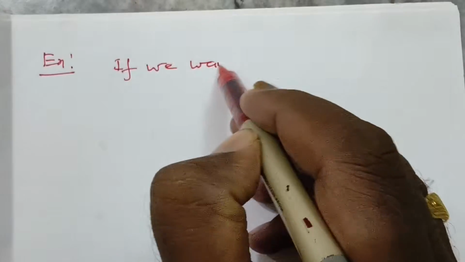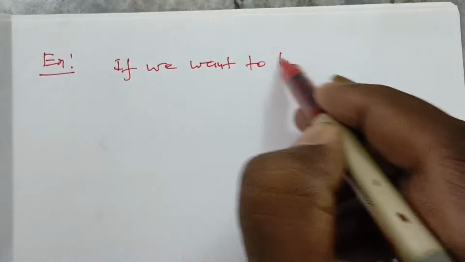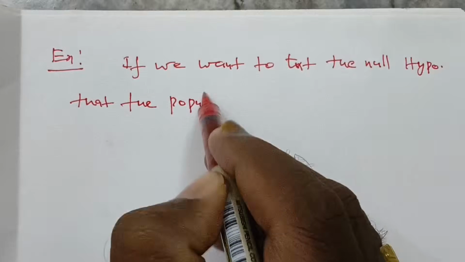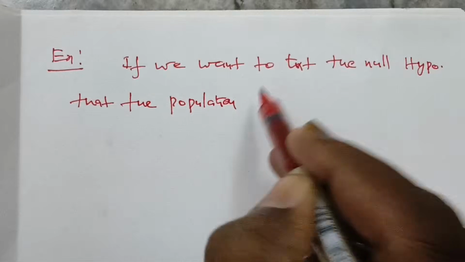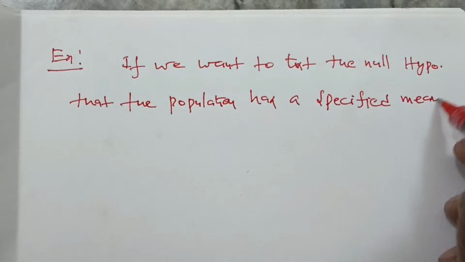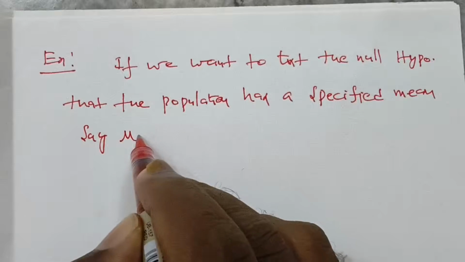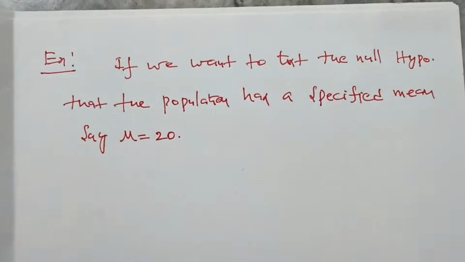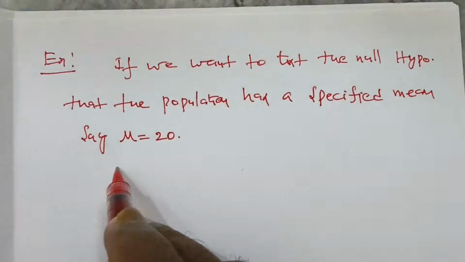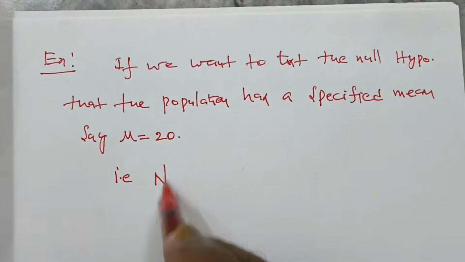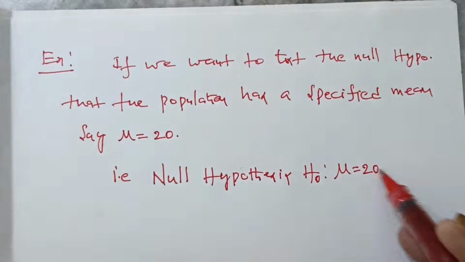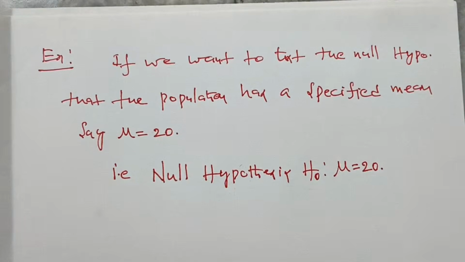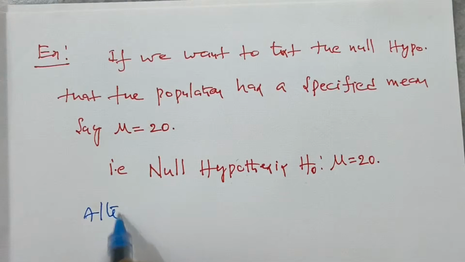One more example is here on null hypothesis and alternative hypothesis. If you want to test the null hypothesis that the population has a specified mean mu equals 20, this is the mean value of the population, that is, the null hypothesis is H naught: mu equals 20.